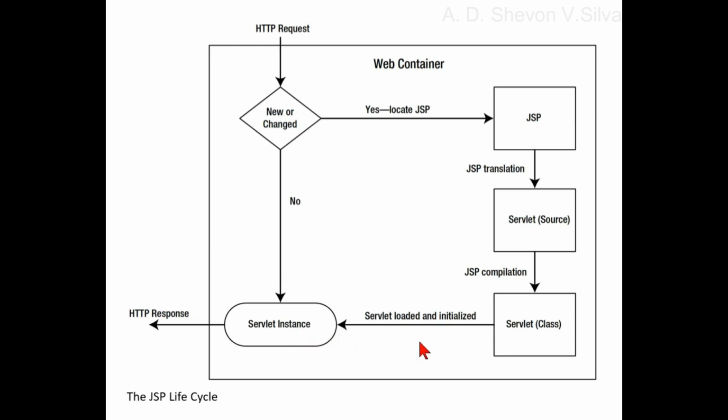If the JSP container detects the JSP page has already been translated and hasn't subsequently changed, the request is simply served by the implementation servlet that already exists inside the container.